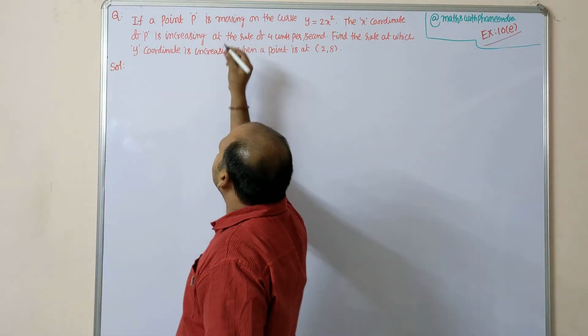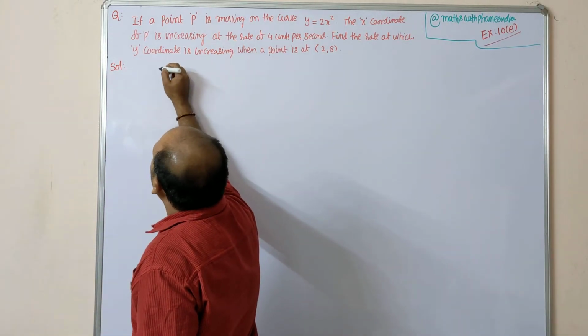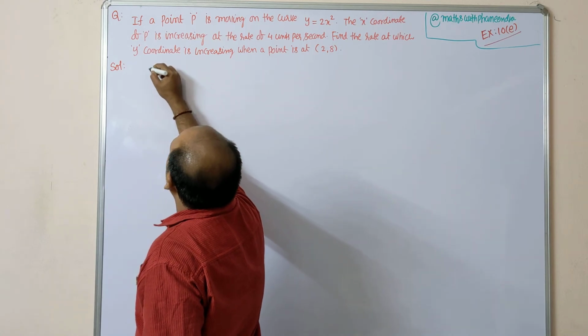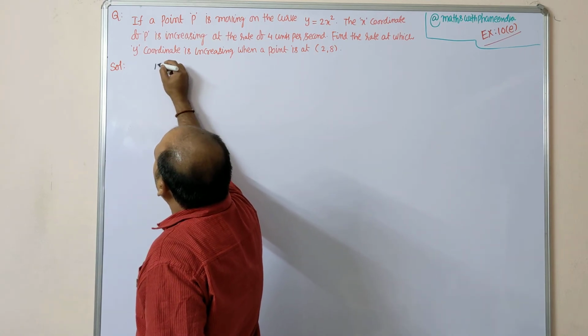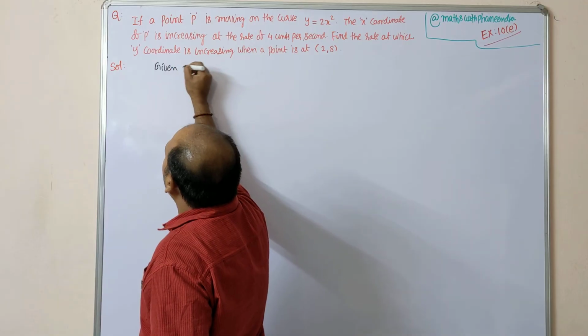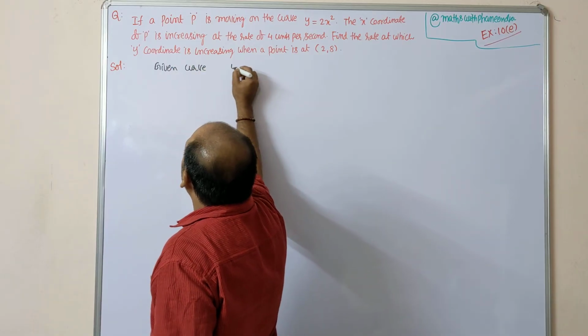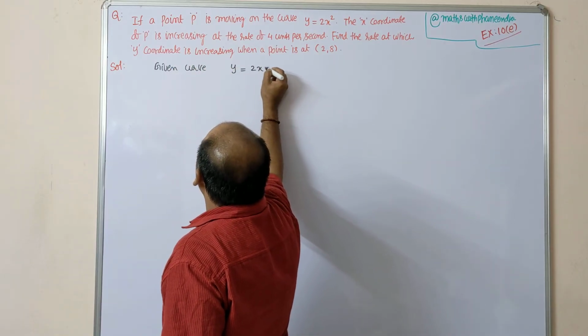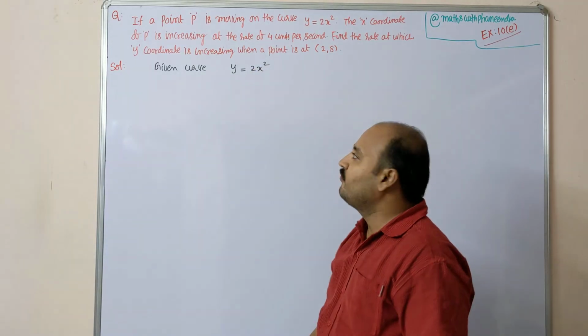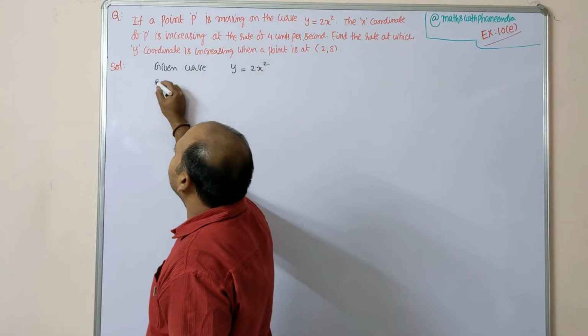So the first step is the given curve: y is equal to 2x². Next, what information is given?